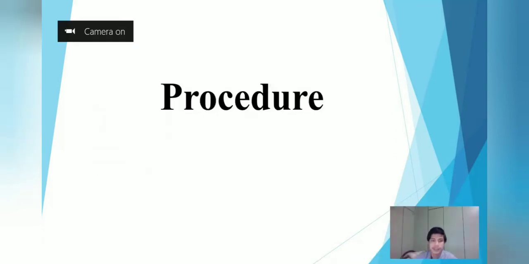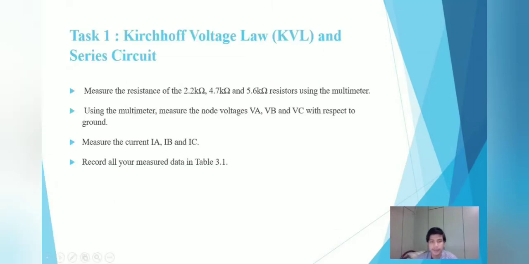First of all, this lab has two tasks for students to do to start the experiment. Task 1 is Kirchhoff voltage law and series circuit. First, we need to measure the resistance of the 2.2 kilo ohm, 4.7 kilo ohm and 5.6 kilo ohm resistors using the multimeter.